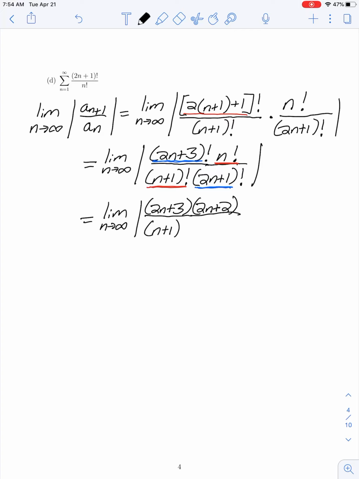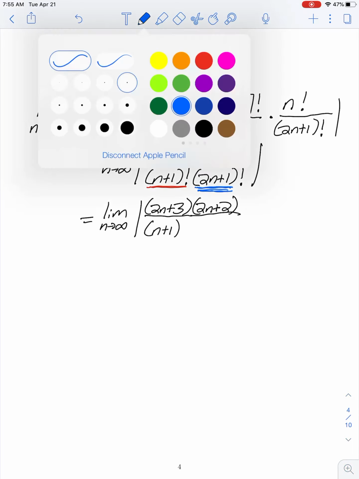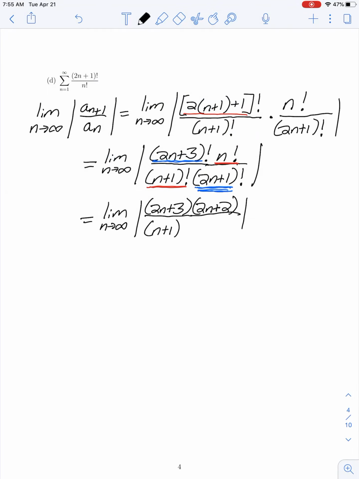Now, the next term after that, 2n plus 1, and the product of all of the other integer values less than that, down to 1, would be exactly (2n plus 1) factorial. So all of those remaining terms, 2n plus 1, 2n minus 1, and so on, cancel, and we are left with just those two factors, 2n plus 3 and 2n plus 2 in the numerator.